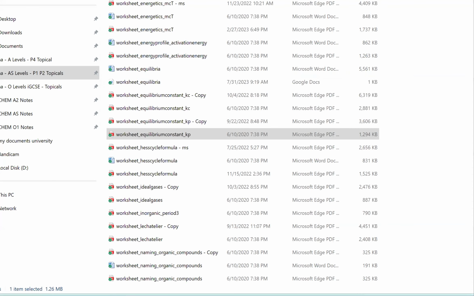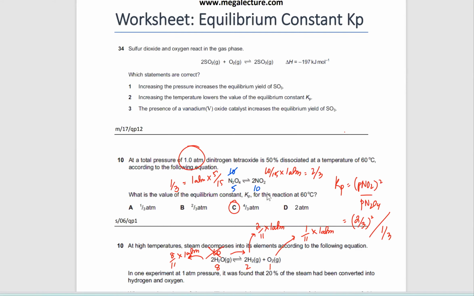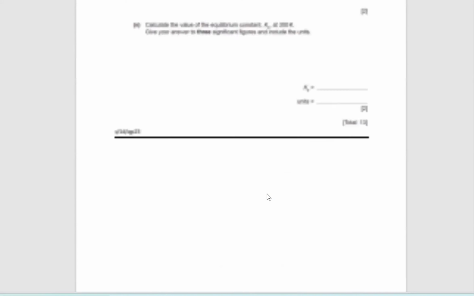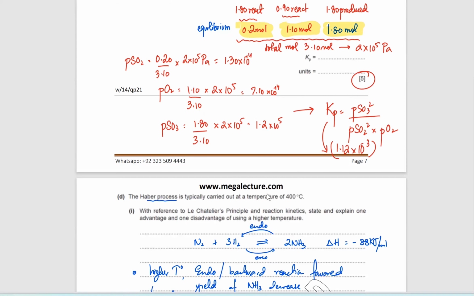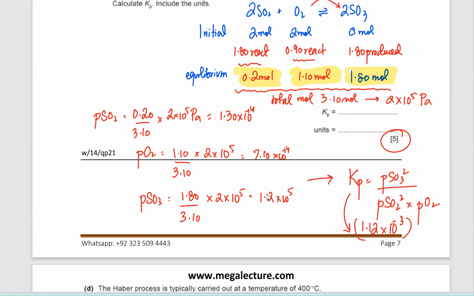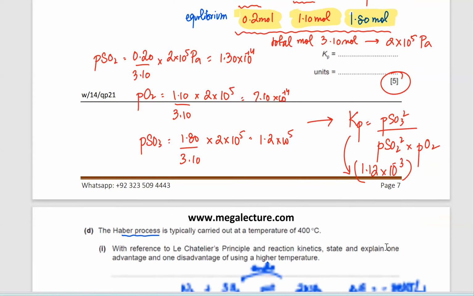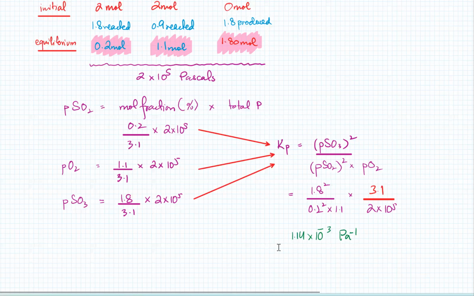Page 7, one second. Okay, here it's 1.12 times 10 power minus 3. What did we get? We're getting almost the same, 1.14.